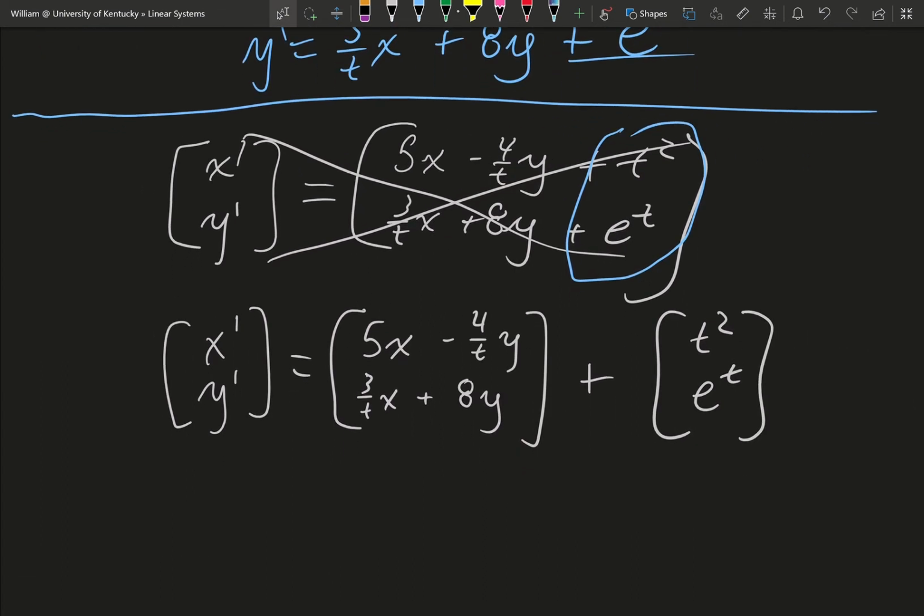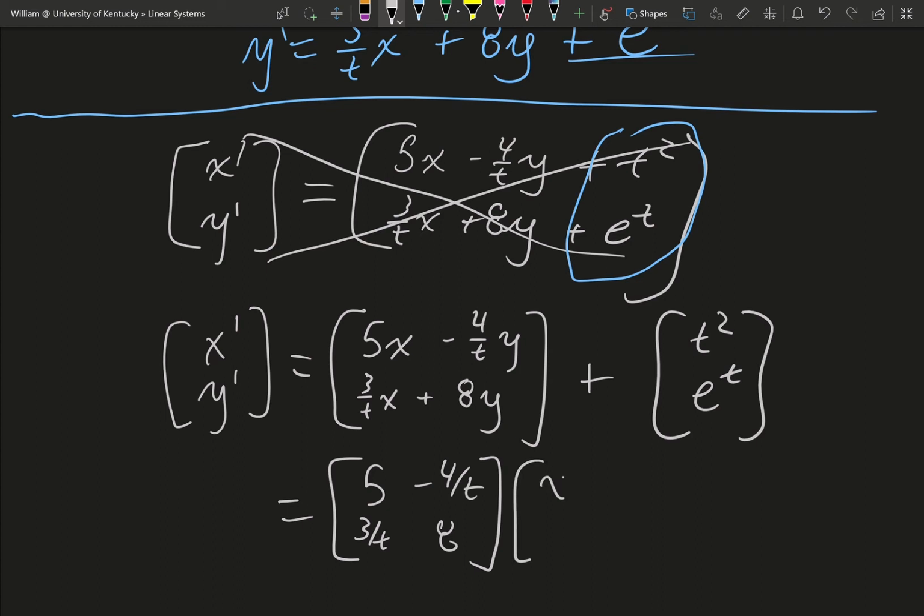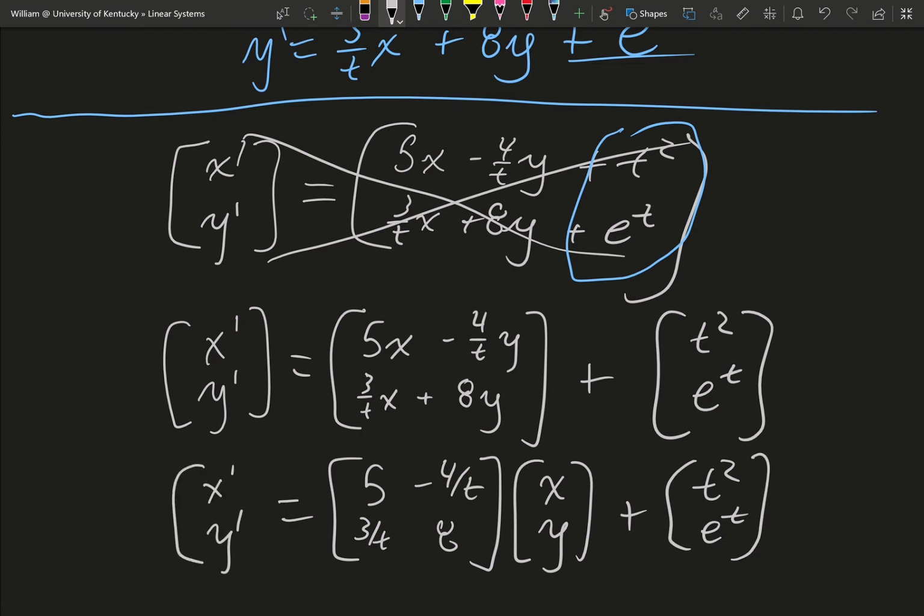And now that we sort of look at this part, we can see if we can represent this pretty easily as a matrix. So 5, negative 4 over t, 3 over t, 8, times x, y, plus t squared, e to the t, equals x prime, y prime.